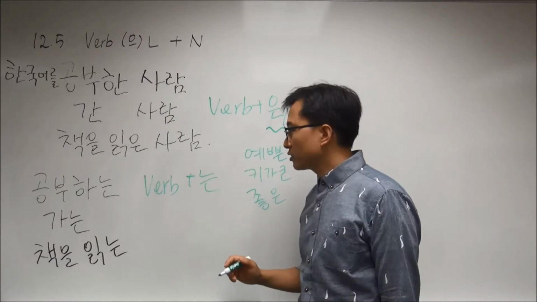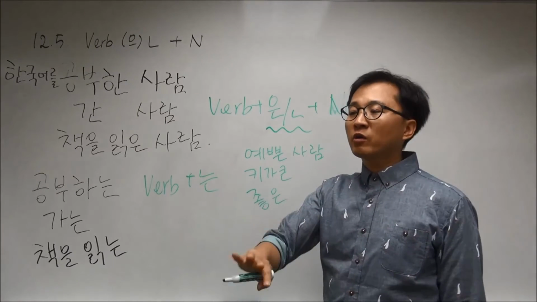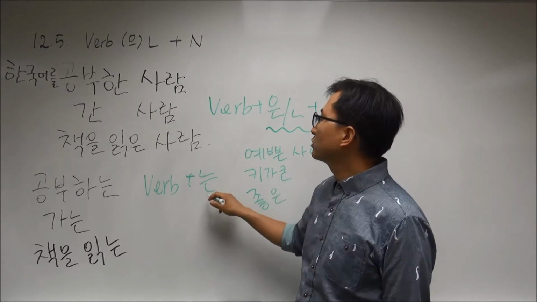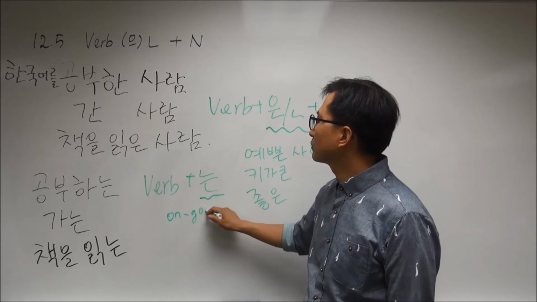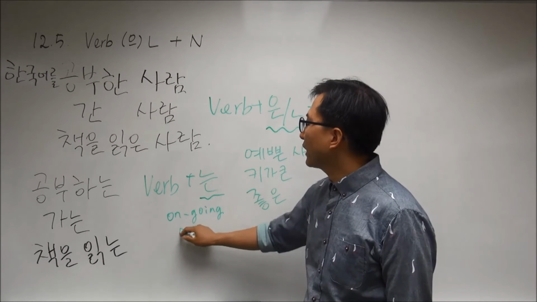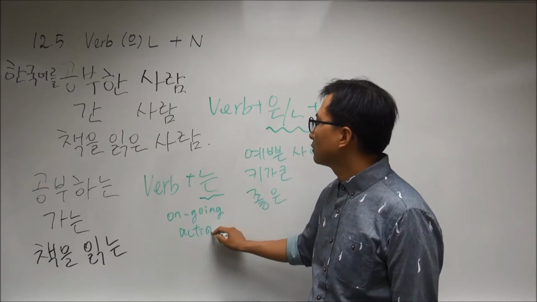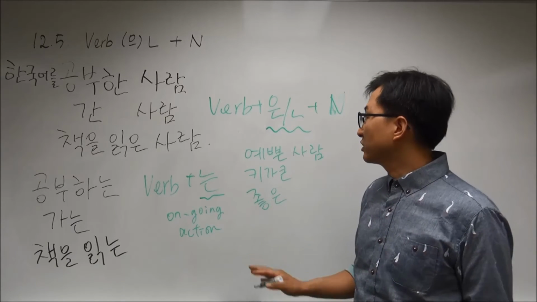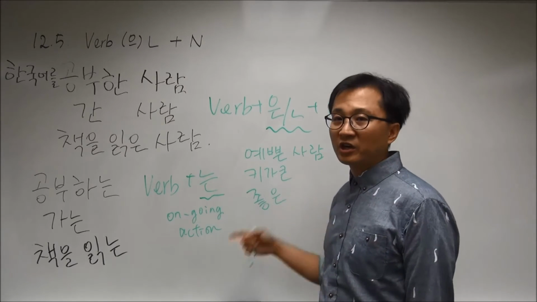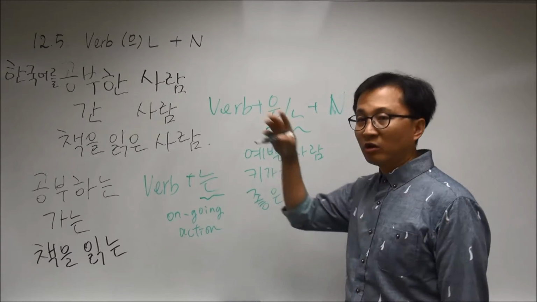So let's remember this way. If there is an ongoing movement, then we use 는. So ongoing action. If there is no ongoing action, like adjectives are not ongoing. So if you are tall, you are just tall.